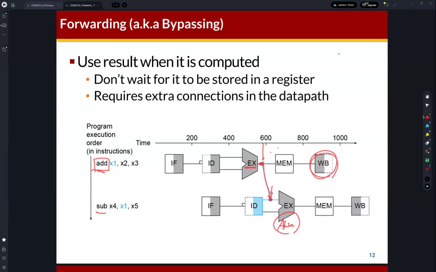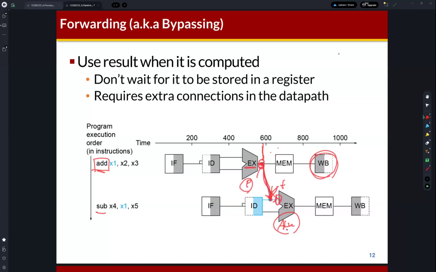If we compare the timing of the generation of data and the timing of the required data, we can observe that this is future and this is past. So actually in a processor, the processor has the required data, and this data can be transferred to the input of the ALU.